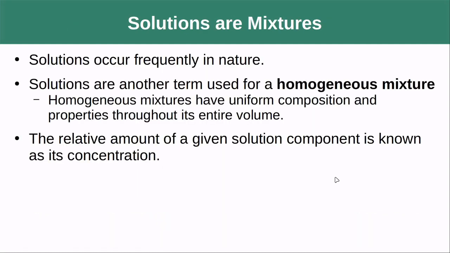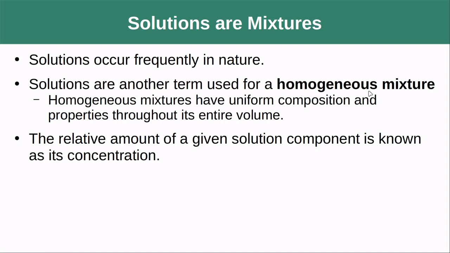There is a specific type of mixture that chemists are often very interested in talking about, especially initially, because we have a lot of good math that allows us to treat this type of mixture, and they're called solutions. Solutions occur frequently in nature, and they are basically a homogeneous mixture.